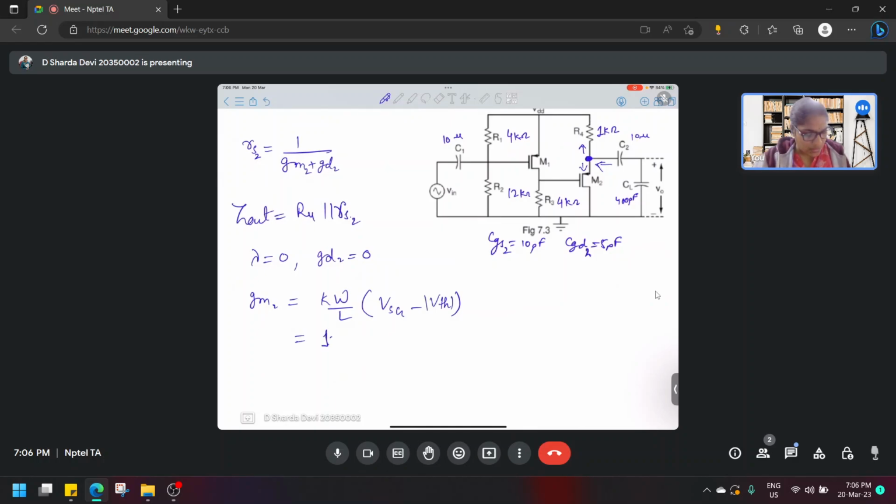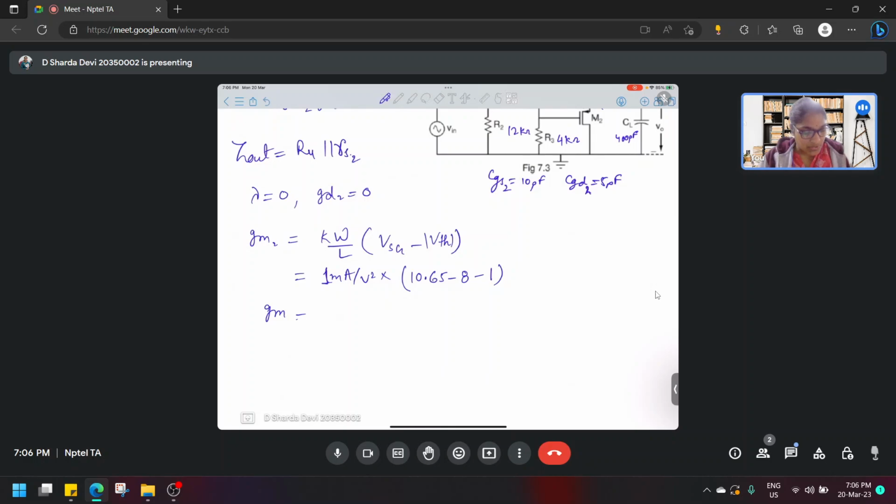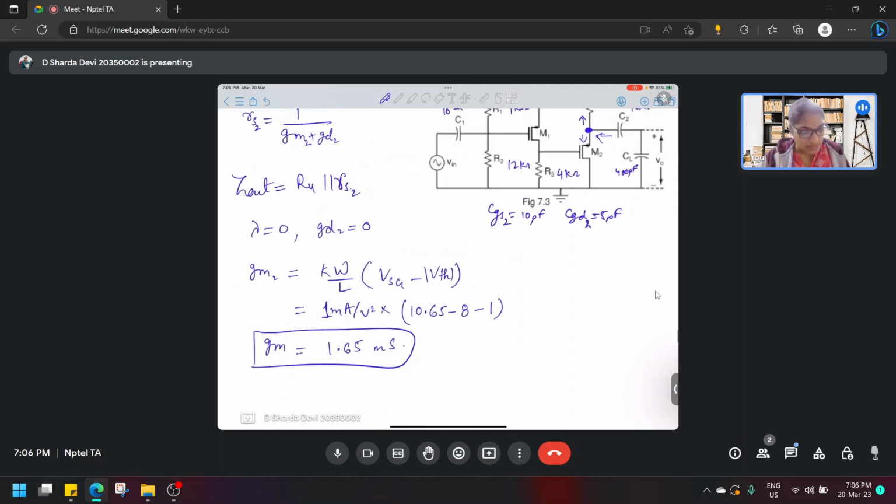So it's 1 milliamps per volt square into VS is 10.65 minus 8 minus 1, that's 9. So GM is 1.65 millisiemens.